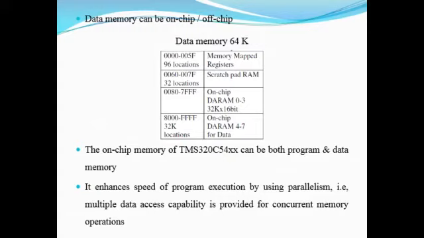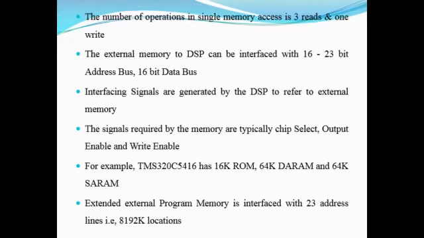So it is easy to access multiple data if I go with the process of parallelism, and it can fetch the data from concurrent memory operations, that is, consecutive memory locations, what we use in the process.